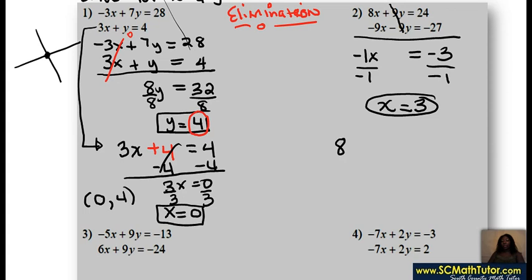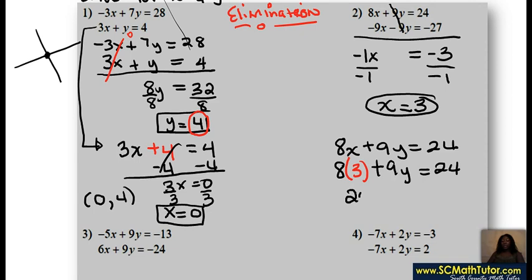I'm going to pick the first one, 8x plus 9y equals 24. Substitute 3 into the x. Wherever you see x, replace it with 3. So 8 times 3 is 24, plus 9y equals 24. Just subtract 24 on both sides. So I'm going to finish it up right here.